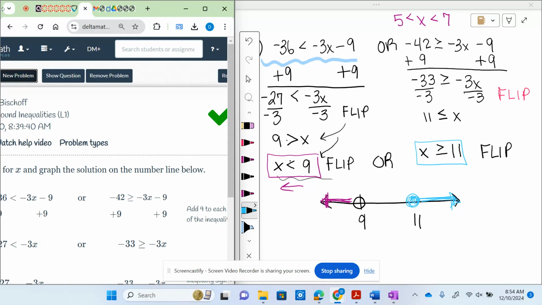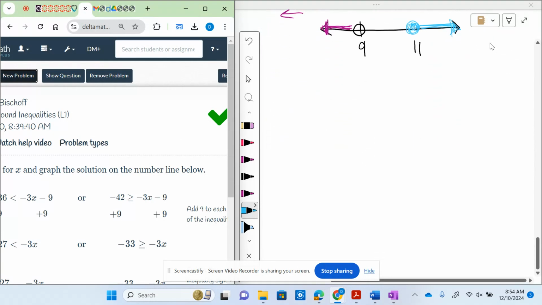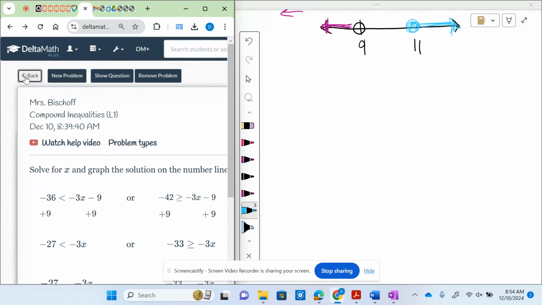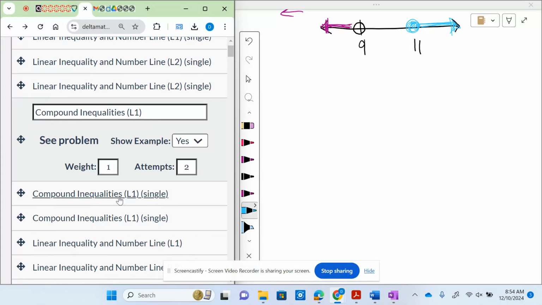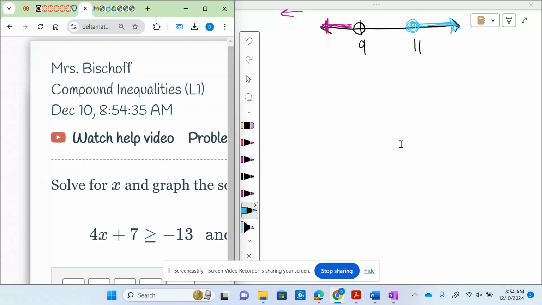Okay, let's do 2 more compound inequality examples. All right, so this is example number 6.